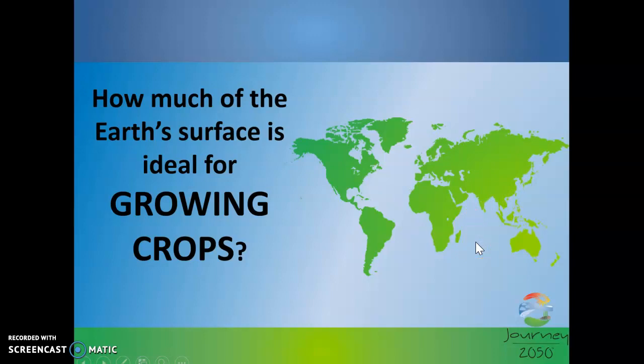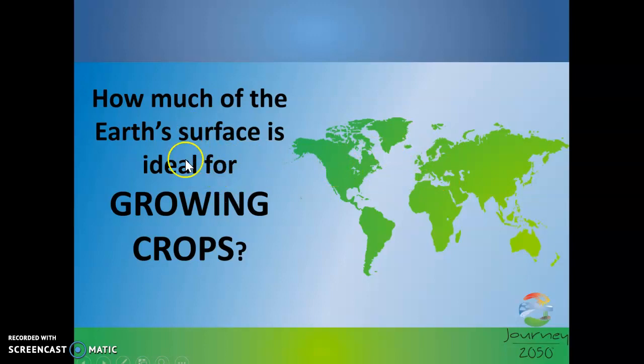Very, very rugged, very, very remote, rocky, cold, non-hospitable. Can we grow crops there? Well, no, not really. So you can easily start finding large portions of dry land here in the United States that just aren't suitable for growing crops.